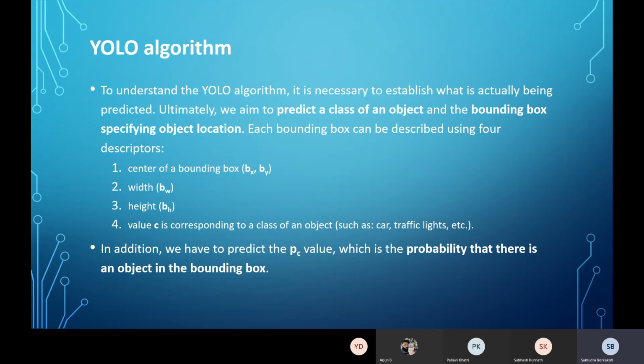So jumping to the algorithm, it's quite simple to understand. Basically, this concept uses bounding boxes, which are basically like a grid system in an image. When you try to replicate an image, you make grids inside it, like equal squares, and then you replicate it.